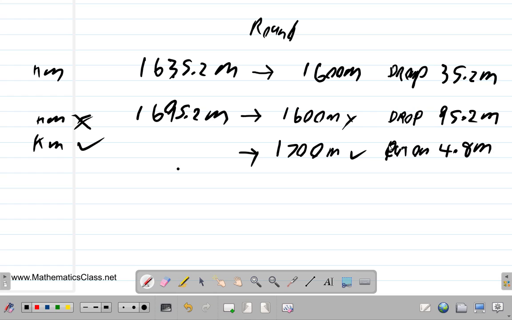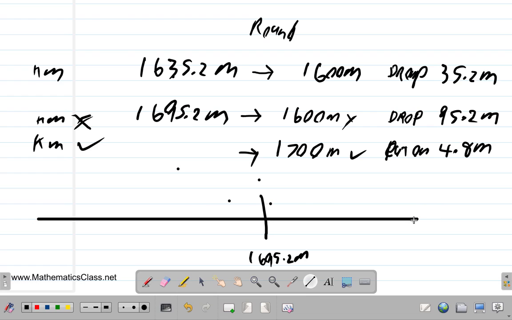So when you do it like this, you're then nearer to the original measurement, to the exact measurement. I have the measurement here, 1695.2 meters.